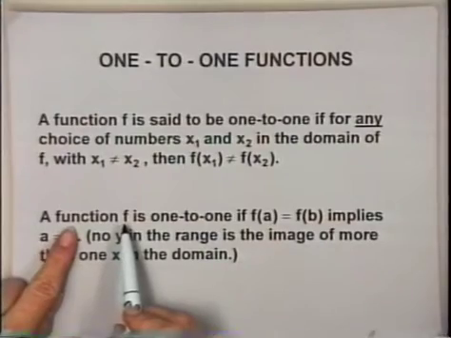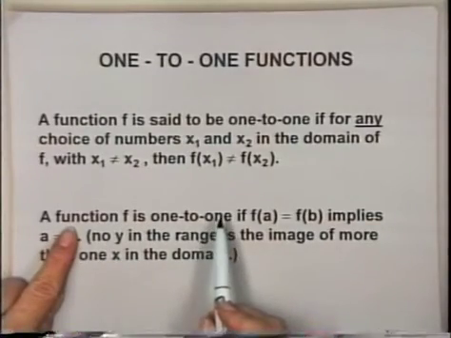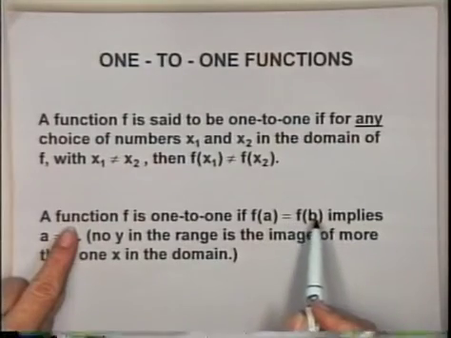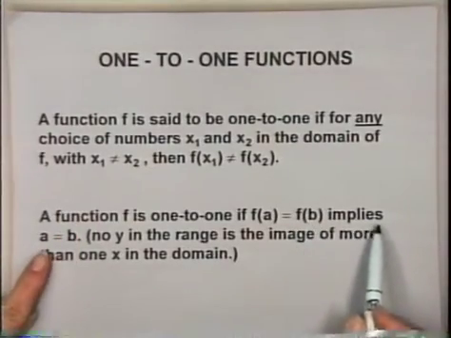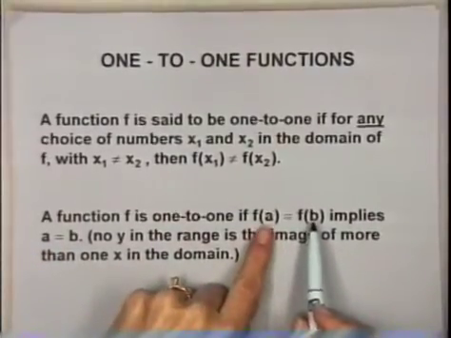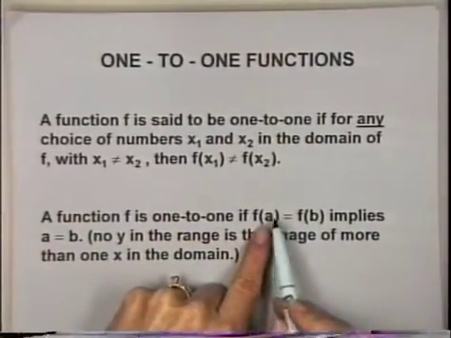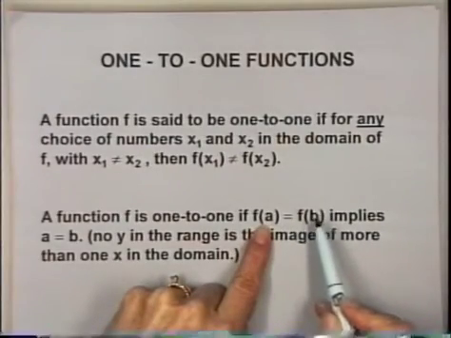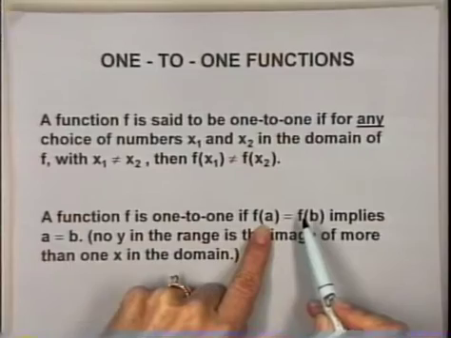Here's another definition. A function f is 1-to-1 if f of a equals f of b implies a equals b. Let's look at that. F of a means the y value when we substitute a in for x. F of b means the y value when we substitute b in for x.